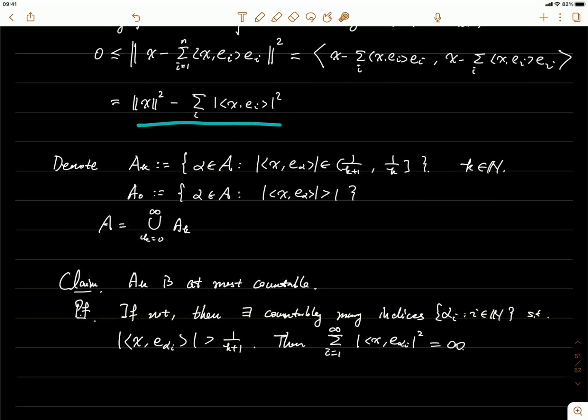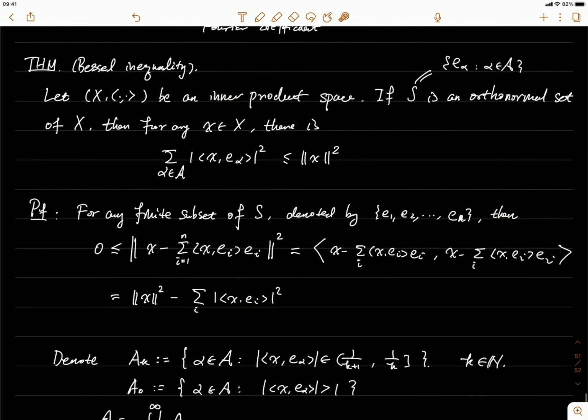Since this is approaching infinity, for n large enough, this will be bigger than the norm of x squared. So that's why each of these must be countable, has at most countably many elements, okay? And that's why you have countably many of these, so that's at most countable.